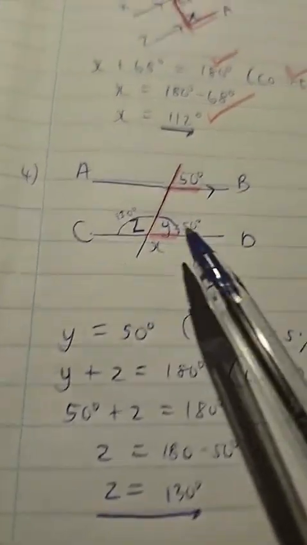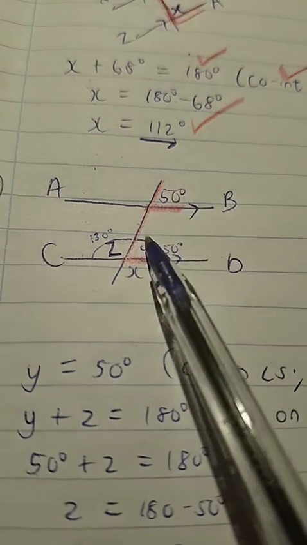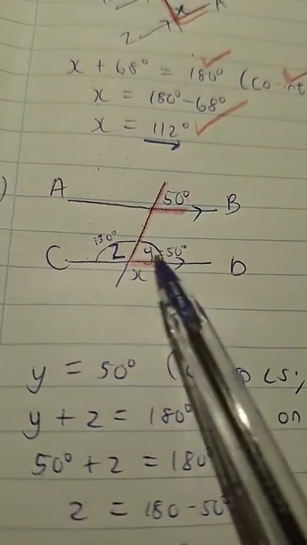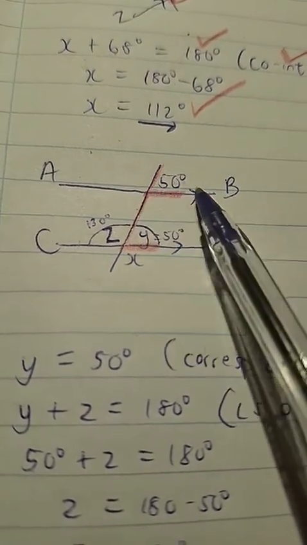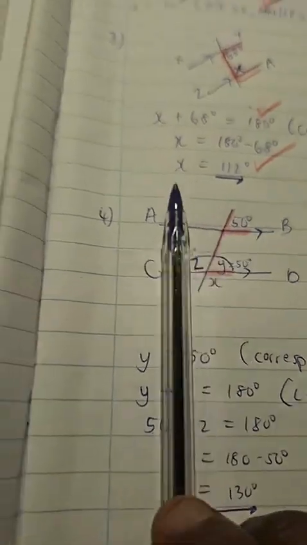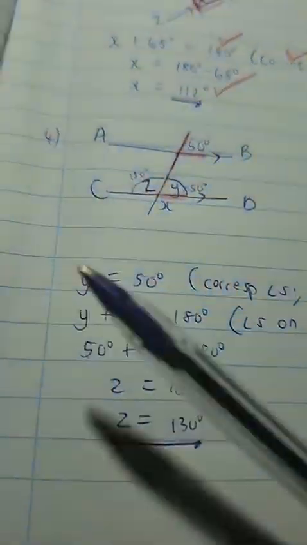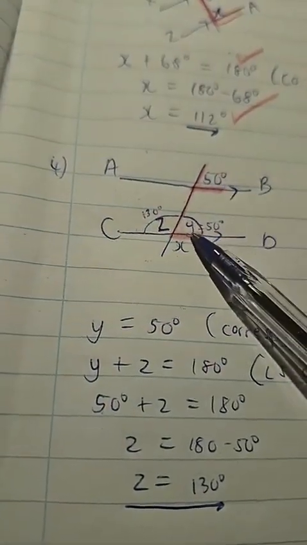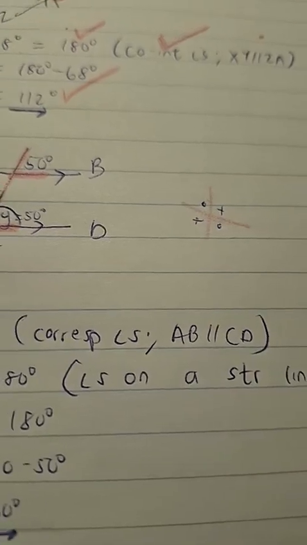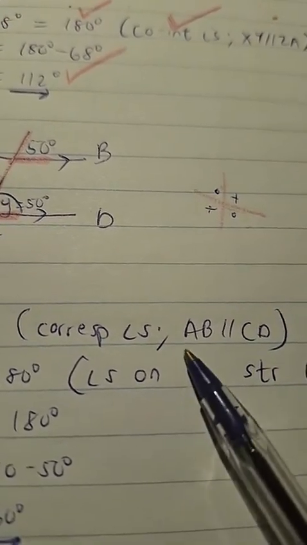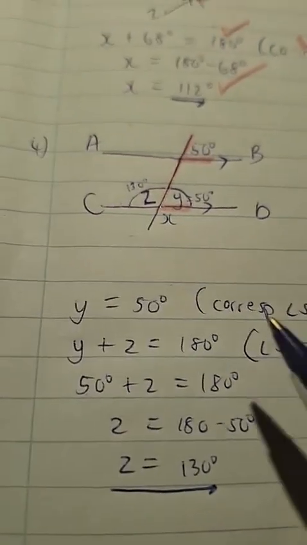So that's why after finding y, which is 50 degrees, because of corresponding angles, F-shape, top, on top of this line, on top of this line, on the same side of the transversal line, we could say y is equal to 50. Reason, corresponding angles. And then we state our lines that are parallel. AB is parallel to CD.